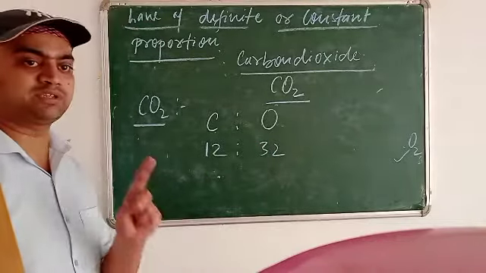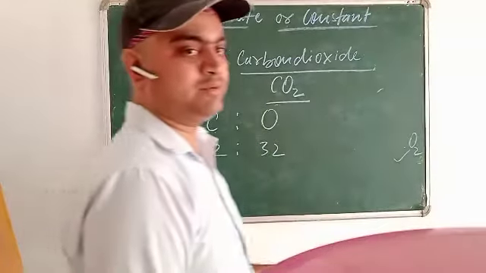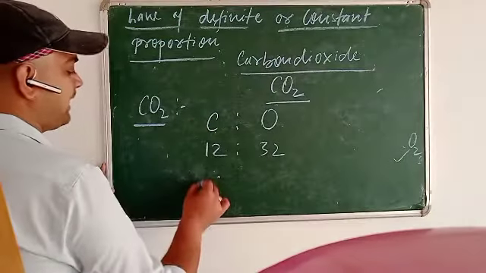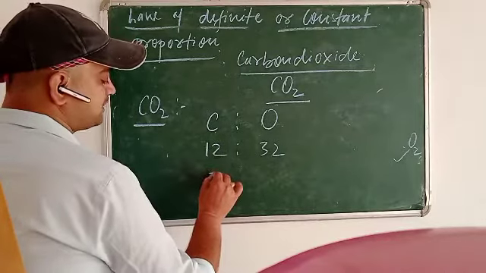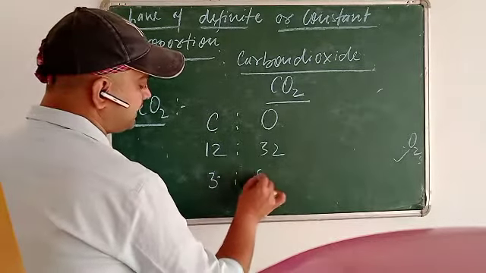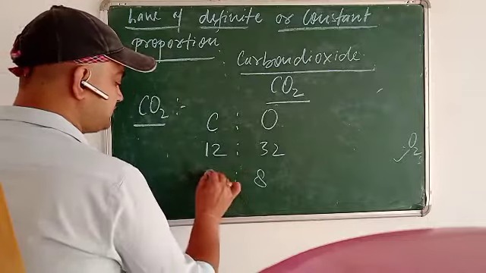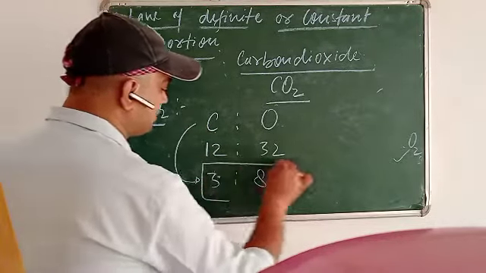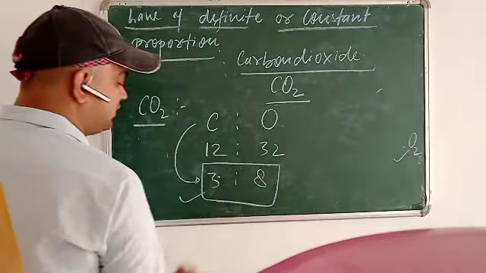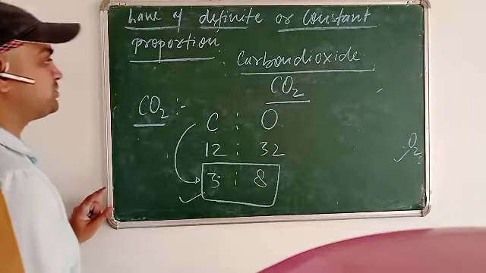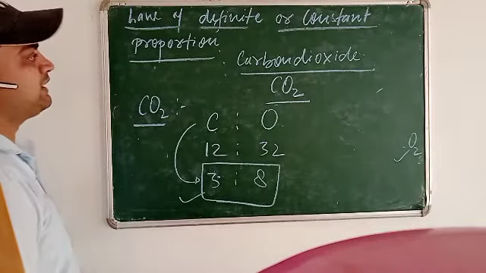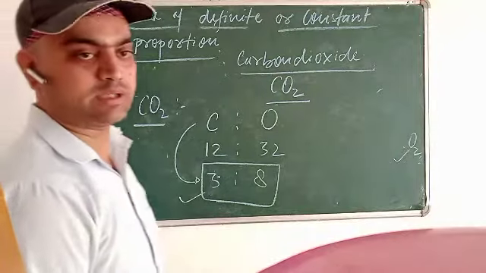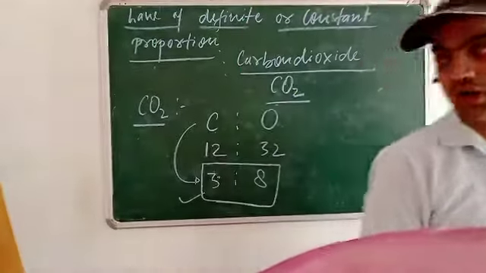One oxygen has 16 and two oxygen have 32. After simplifying, we get 3:8. That means in carbon dioxide the ratio of carbon and oxygen remains 3:8, a definite or constant proportion of carbon and oxygen in carbon dioxide.